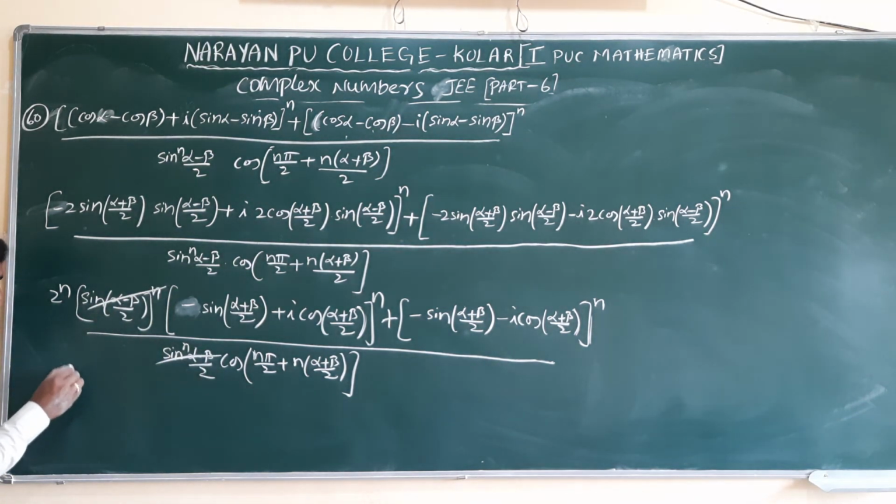Remaining 2 power n; by applying De Moivre's theorem, what do we get?